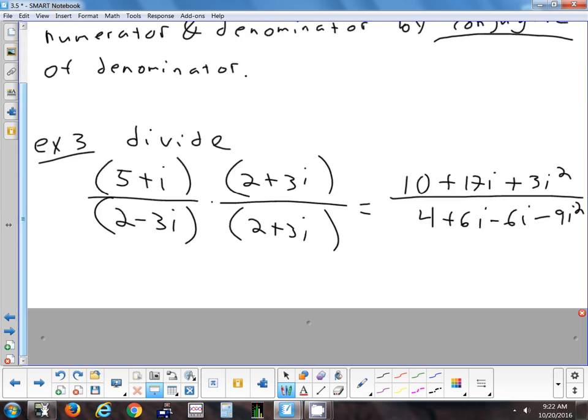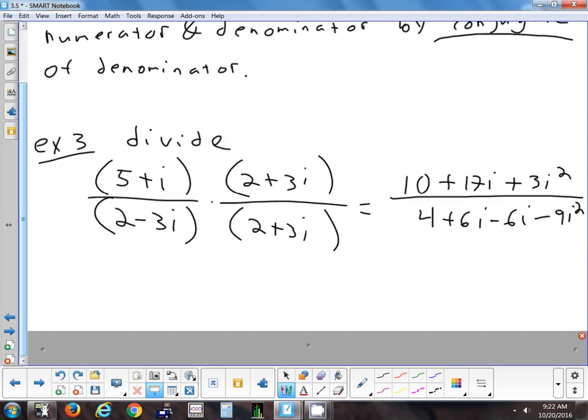Okay, so there's a lot of things we need to simplify. 3i squared. What number is that? -3. Yep. Any question on how he got that? All right. Now in the bottom, I've got plus 6i minus 6i. That's gone. 4.